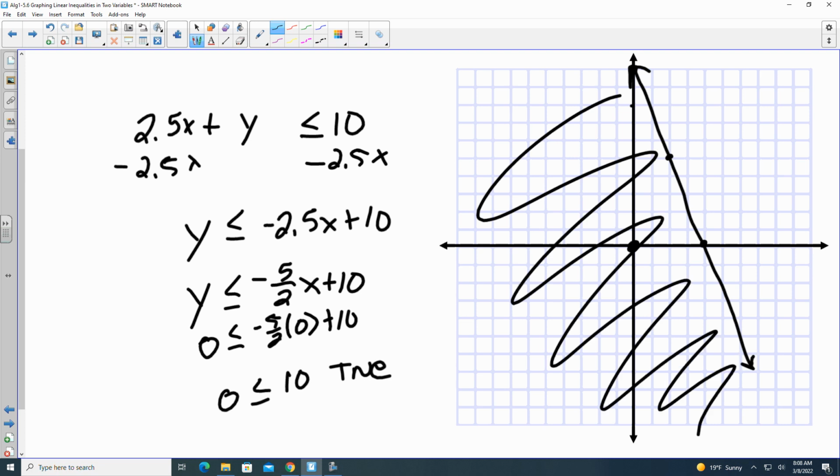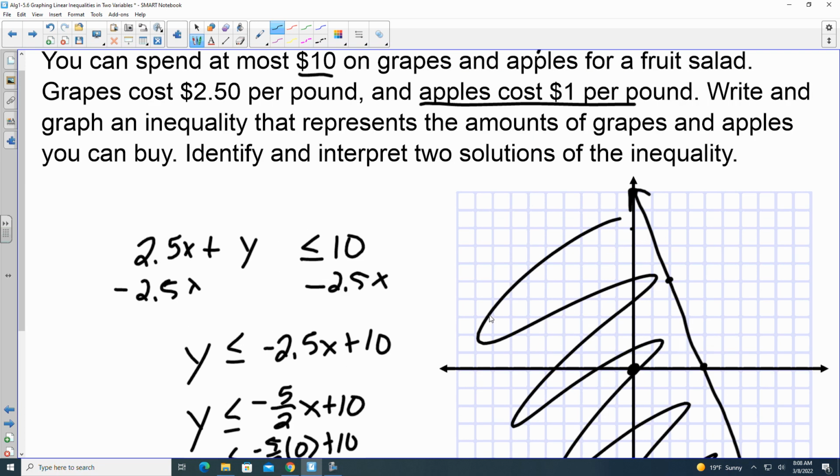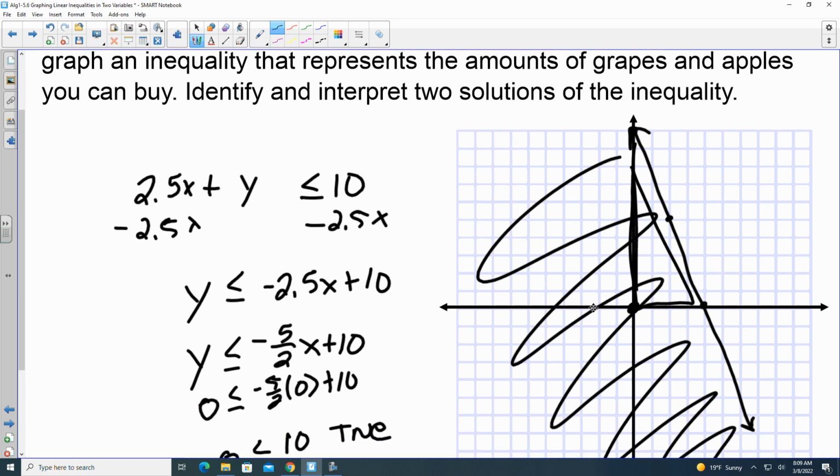Okay. The only difference about this particular one, they want you to interpret two solutions. The only ones that would work is this triangle right here, because they all have to be positive numbers. You can't have negative grapes or negative apples in a problem like this. So you could pick like this one right here.